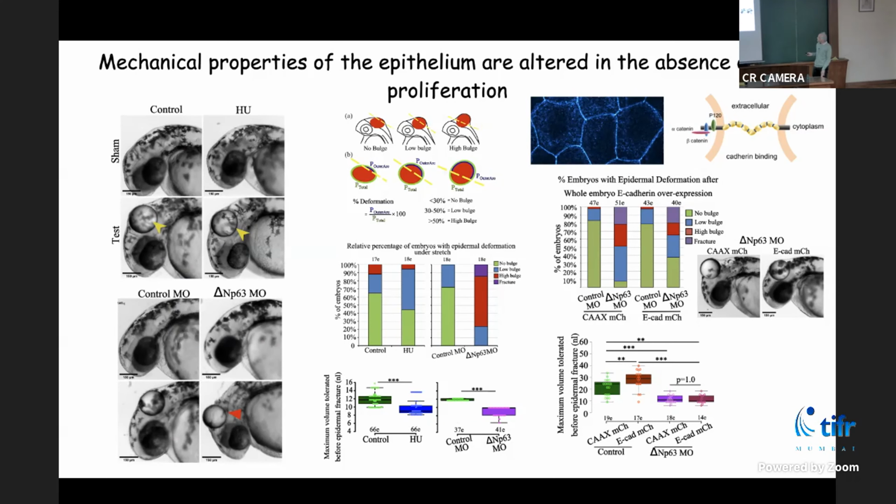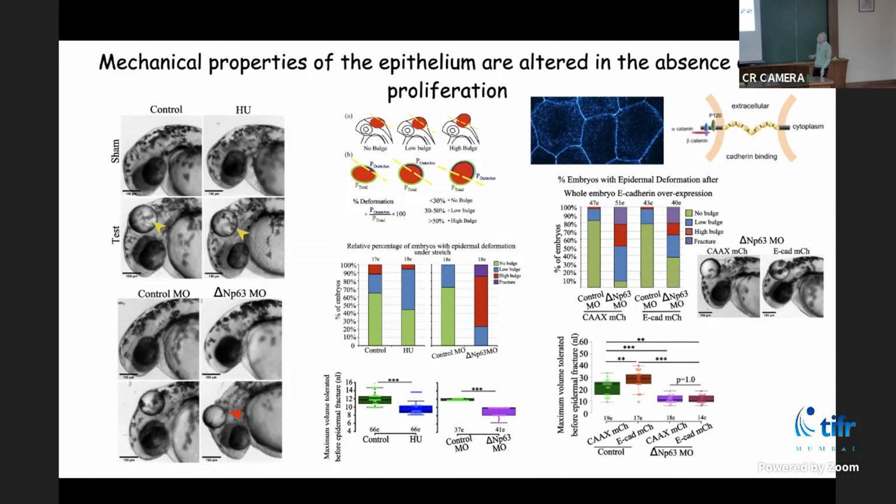So we basically saw two different outcomes when we use two different ways to inhibit cell proliferation. One is hydroxyurea treatment, and one is this morpholino, which will knock down the function of this particular protein.